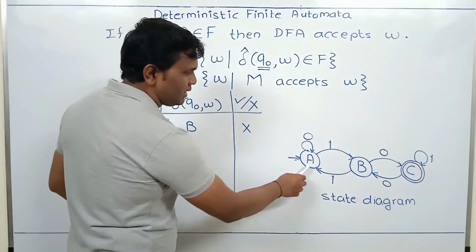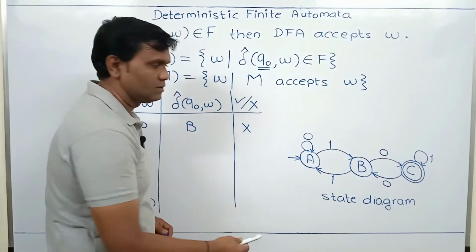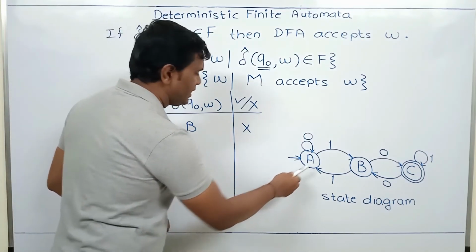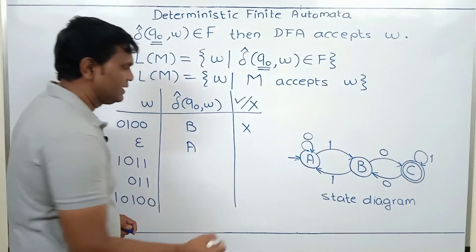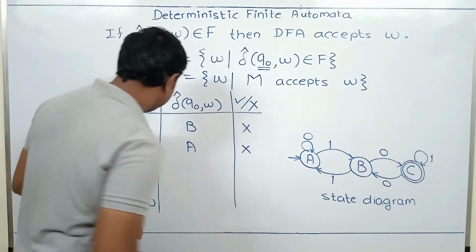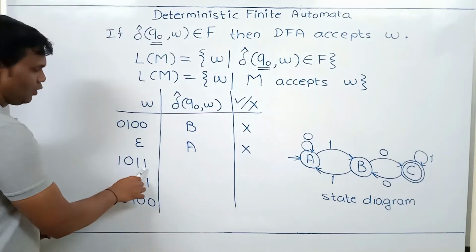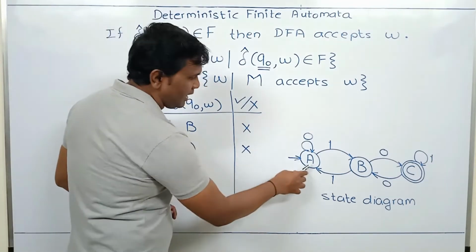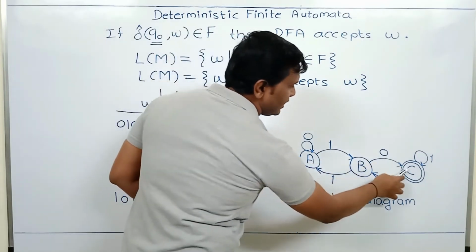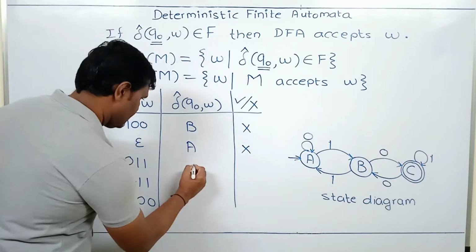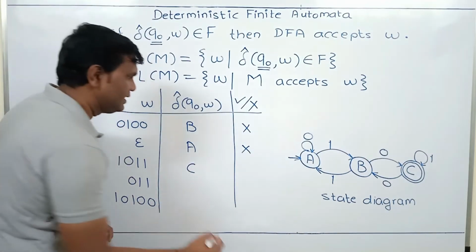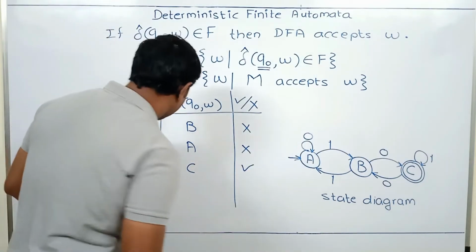So from A, if you process epsilon, you reach state A only. A is a non-final state, this string is rejected. Then 1011. From A, on 1011, you reach C. C is a final state, this string is accepted.